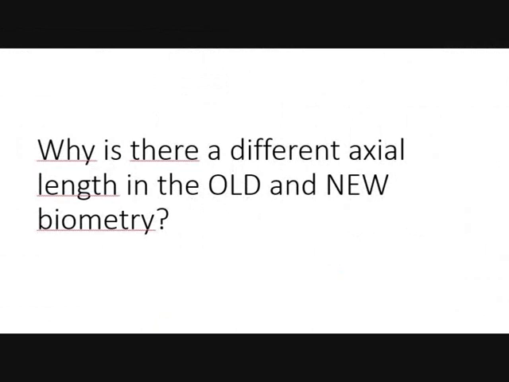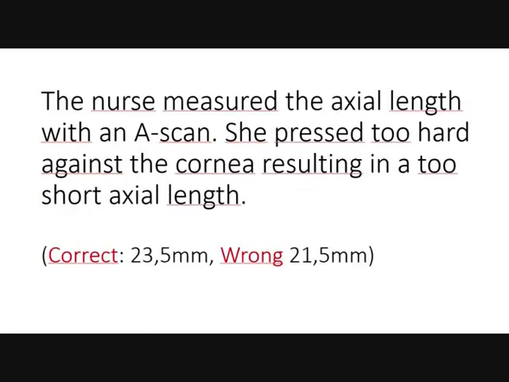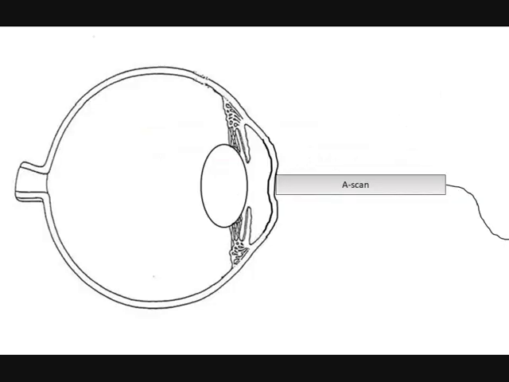So why are there so different axial lengths in the old and new biometry? Well, the nurse measured the axial length with an A scan. She pressed too hard against the cornea, resulting in a too short axial length. Correct was 23.5 and wrong is 21.5.